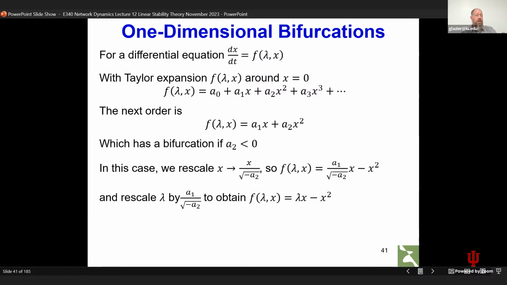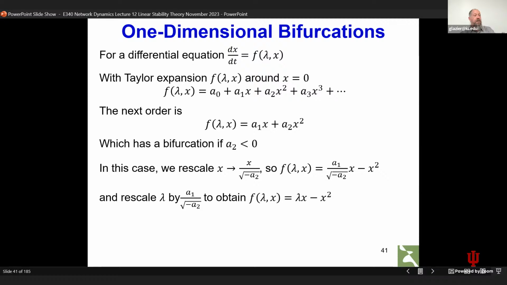And what I'm asking is, if I assume that the value of X is small, the lowest order terms are going to be the biggest ones, because if X is 0.001 and I have X to the 4th, then X to the 4th of 0.001 is a very small number. And so if A0 is not 0, then it's going to dominate.